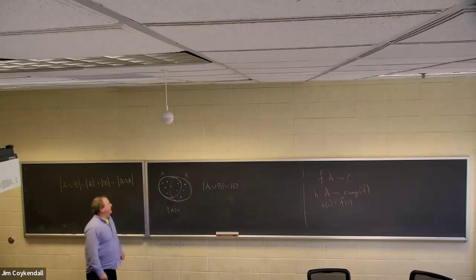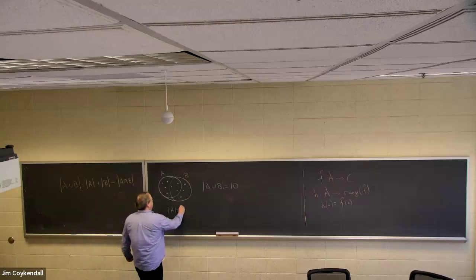How many elements are there in A? There's 7 dots in it, it looks like.